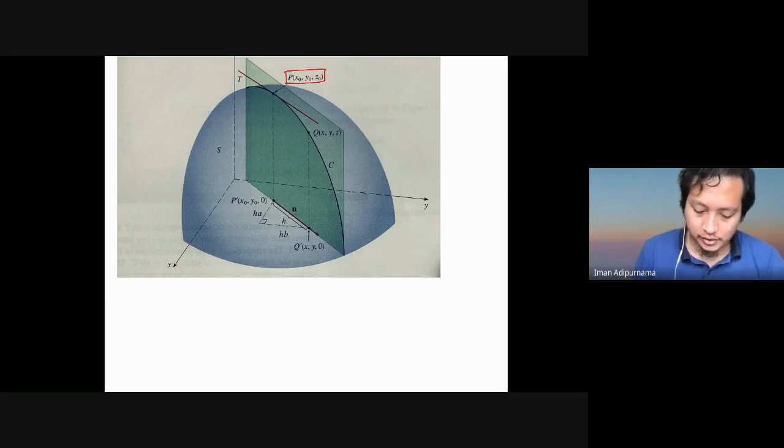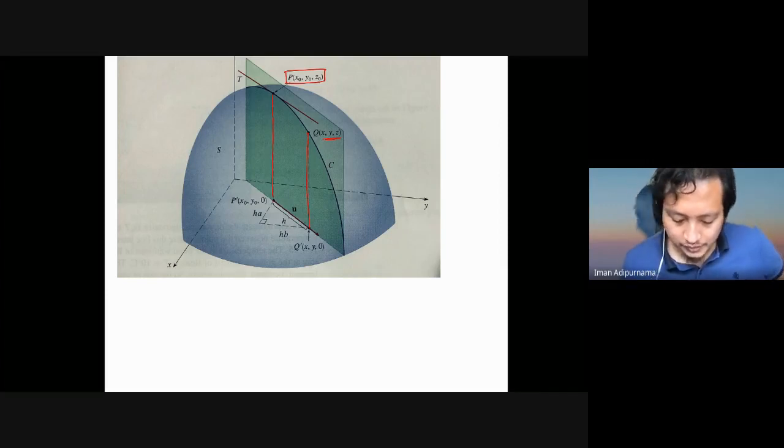If you project this point into the xy plane, we have this. And let's say we have another point Q here, and let's project P and Q into our xy plane.